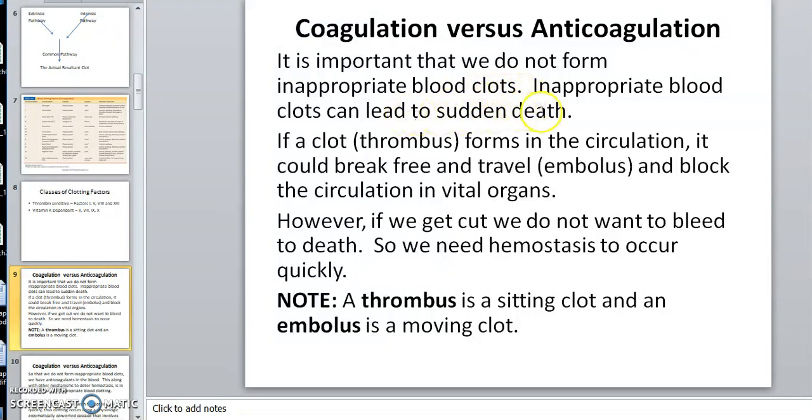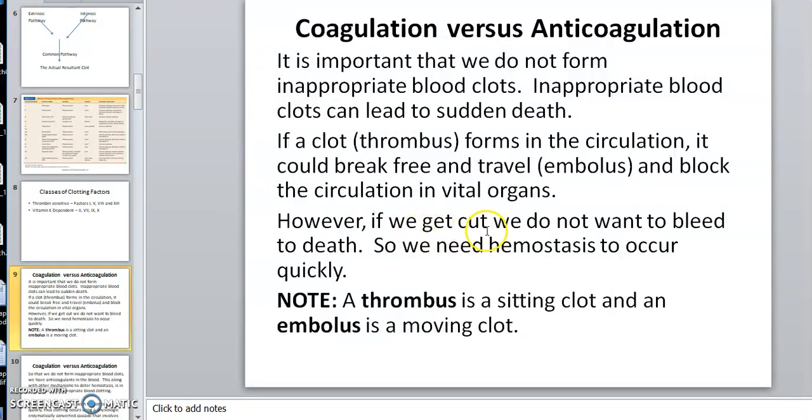Inappropriate blood clots can lead to sudden death. If a clot, which we call a thrombus, forms in the circulation, it could break free and travel, called an embolus, and block the circulation in vital organs, particularly in the lungs. It's called a pulmonary embolus, and it can kill you right away.